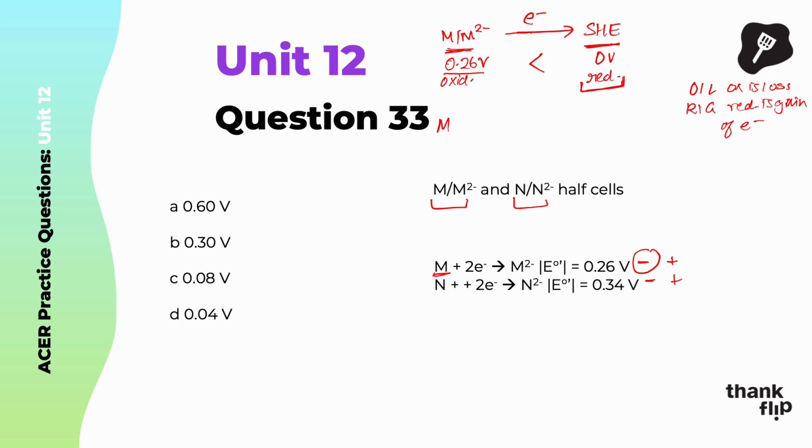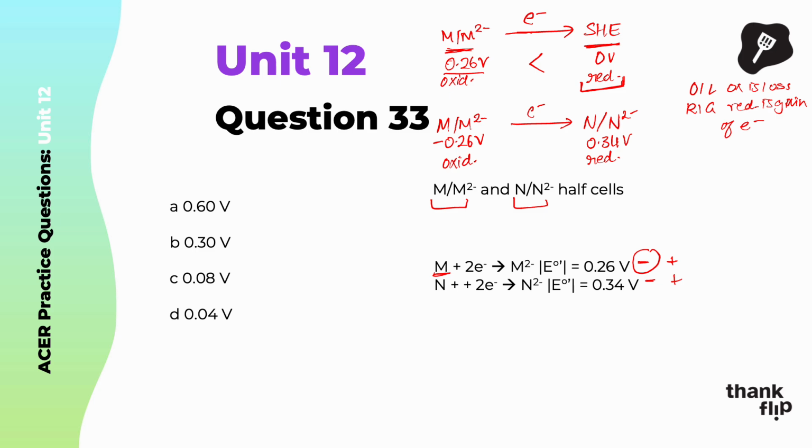Then we have another scenario that they've given us, where electrons are flowing from this cell away from it towards the N half cell. So we have negative 0.26 volts, and 0.34, not sure if it's negative or positive volts, but we know that this side is getting reduced and this side is getting oxidized.